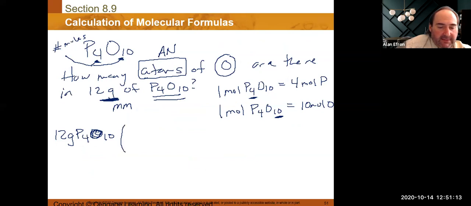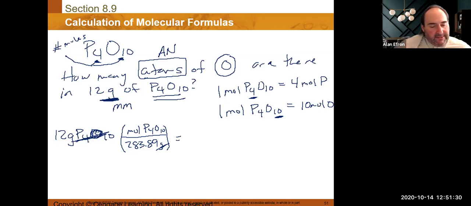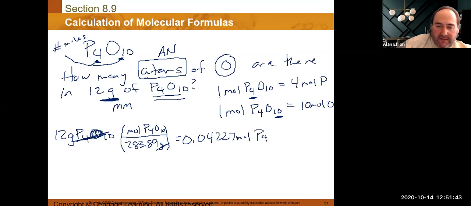And again, that is the molar mass from the periodic table of this whole thing, 283.89 grams per mole of the whole thing. That's going to cancel out the grams of the whole thing. And if you got a number, again, you don't necessarily have to get a number at this point, you would end up with something like 0.04227 moles of the entire thing.